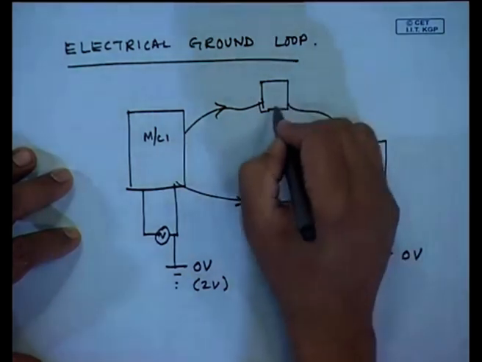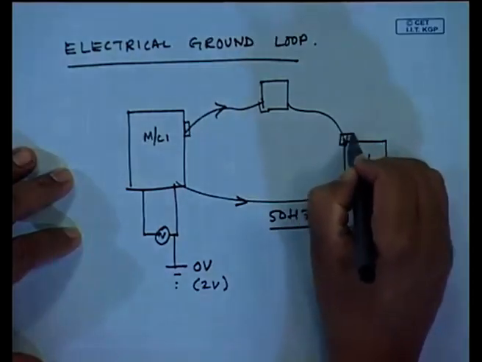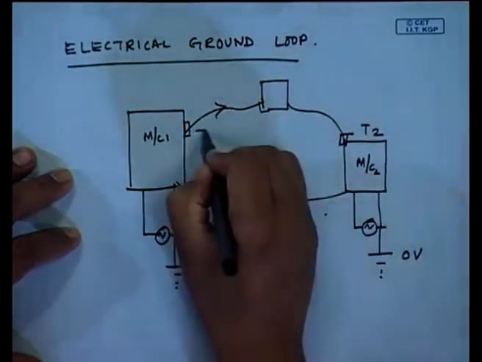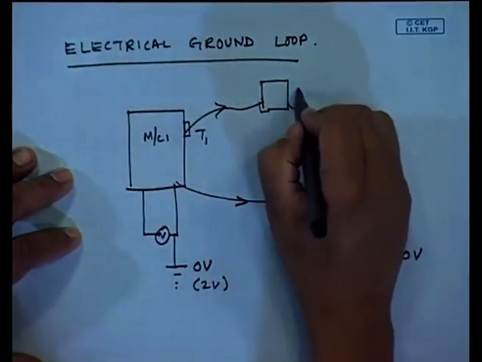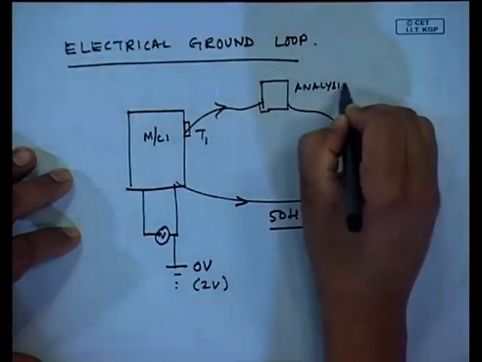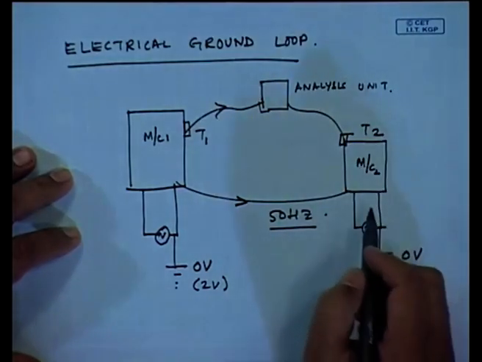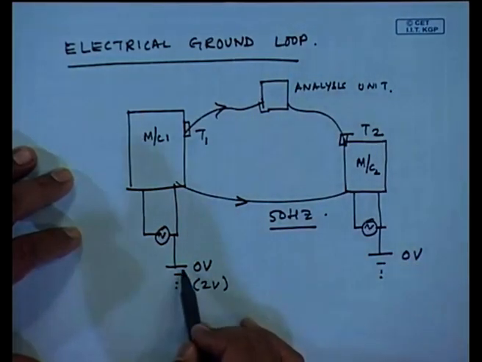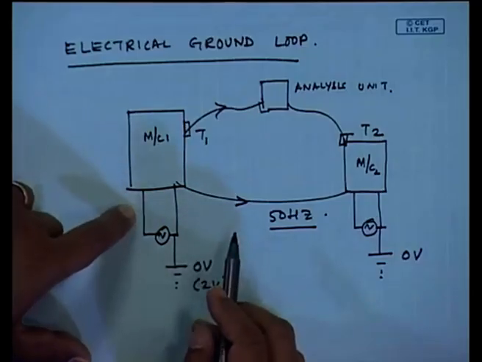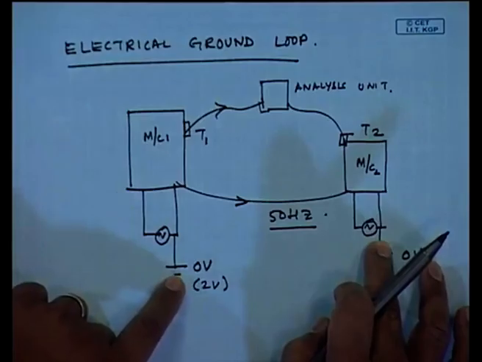So, for any measurements, if I put a transducer here, T2, T1, and then I go to my common analysis unit, okay, you will see, because of the potential difference, because this has a separate power supply, this has a separate power supply, and one is at a different ground.